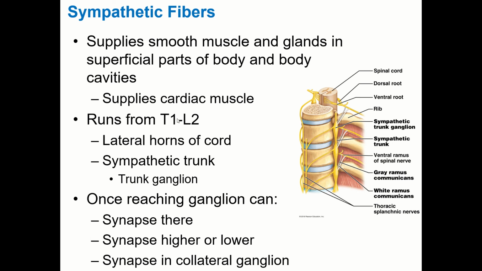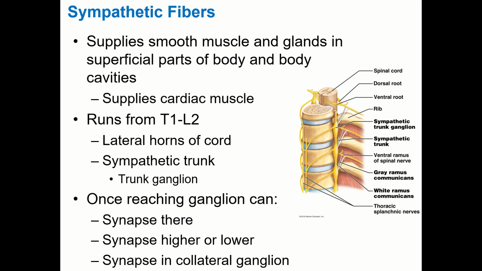Neurons that sit between T1 and T4 have axons that run up the sympathetic trunk into the neck, and a few of them run in with the cranial nerves. So they can synapse either higher or lower, or they can synapse in what's called a collateral ganglion.